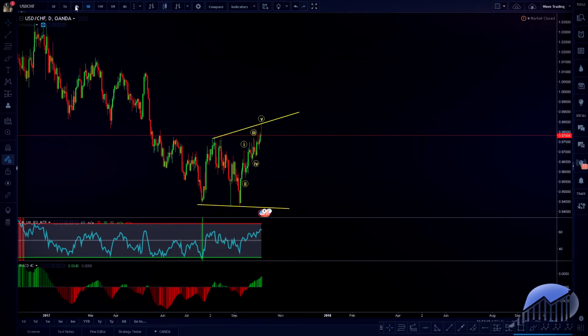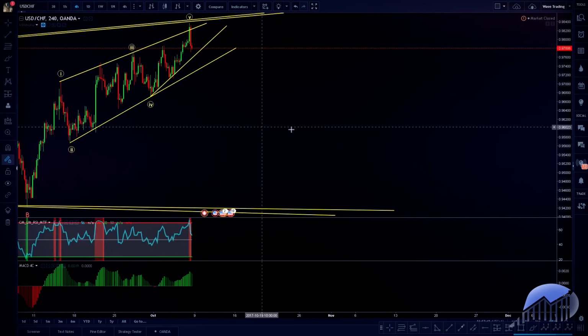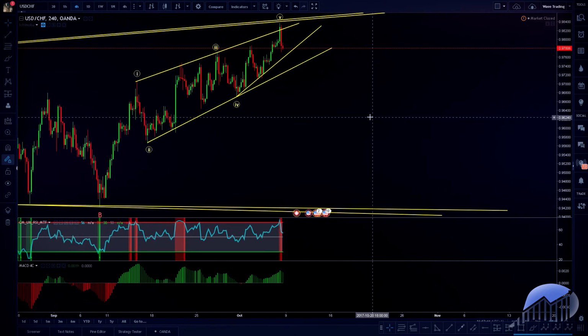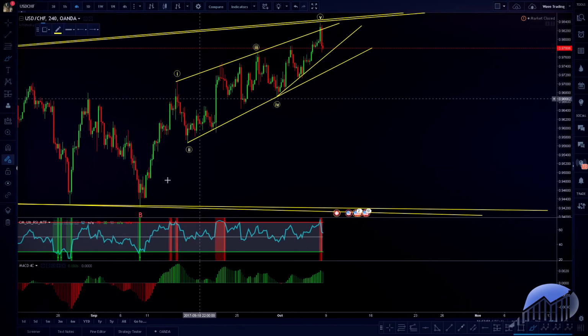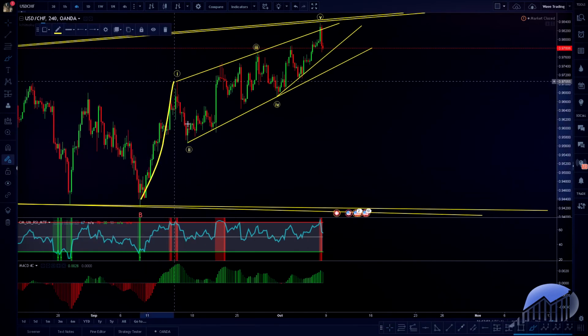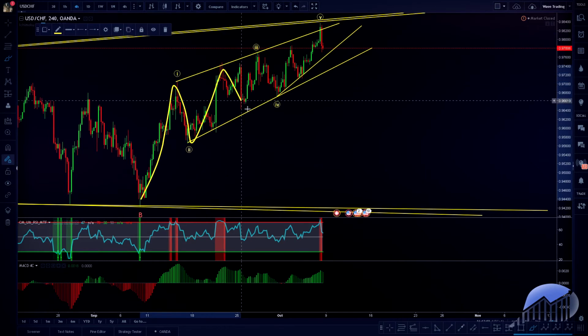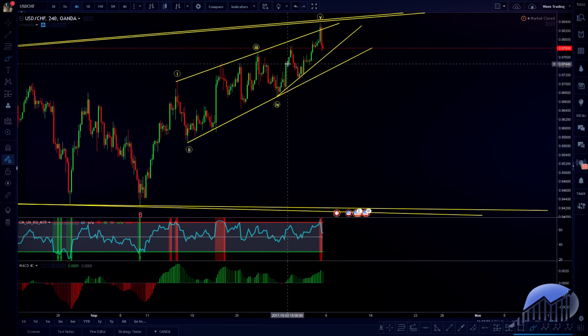So I actually tried to sell this last week, but I got stopped out because I didn't give the waves enough time to complete. So I counted this as something like a 1, 2, 3, 4, 5 here, and I tried to sell this down, but it came right back up.